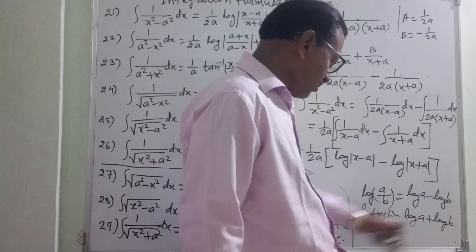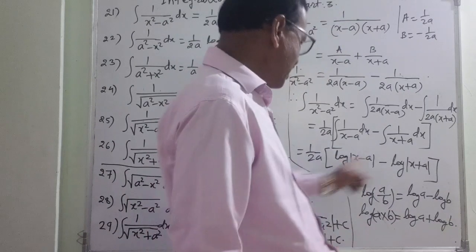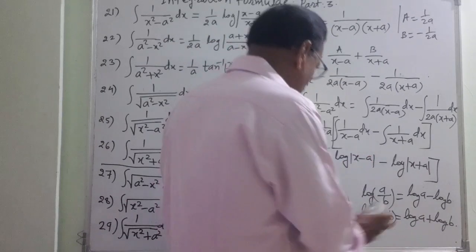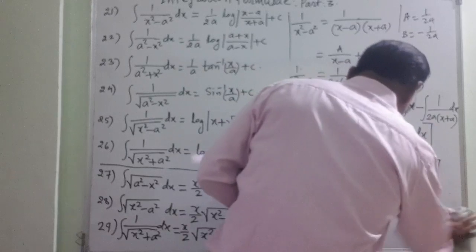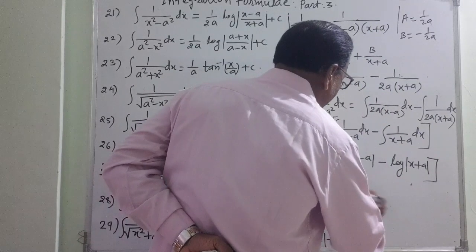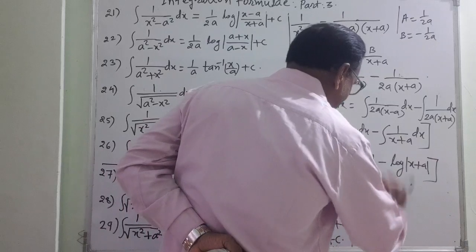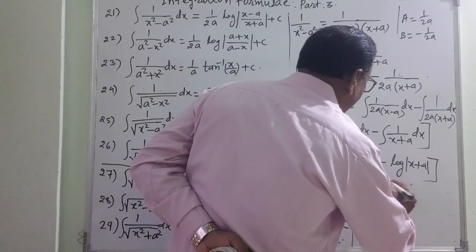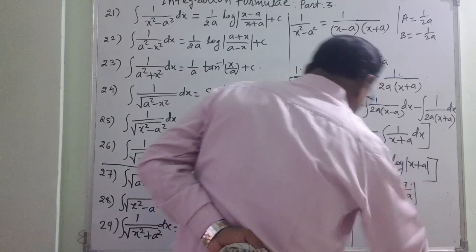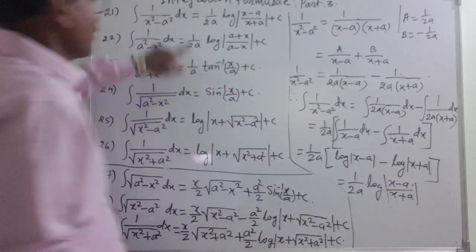For multiplication, it will be the addition in between. Now here it is the subtraction. That means this and this will be in the upon. So this 1 upon 2a is constant. That is equal to 1 upon 2a log of, this is minus, so this will be x minus a upon x plus a. This way this formula has come.